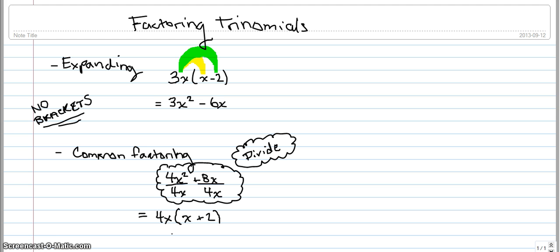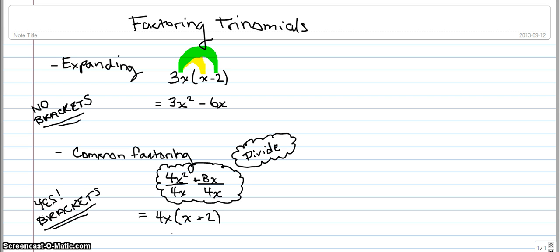So, getting back to this, with expanding, we have no brackets, right? We went from brackets to no brackets. With common factoring, what happened? We started off with no brackets, but now we have brackets. So here I'm going to say yes brackets instead of no brackets, although that's grammatically incorrect. I think you know what I mean.